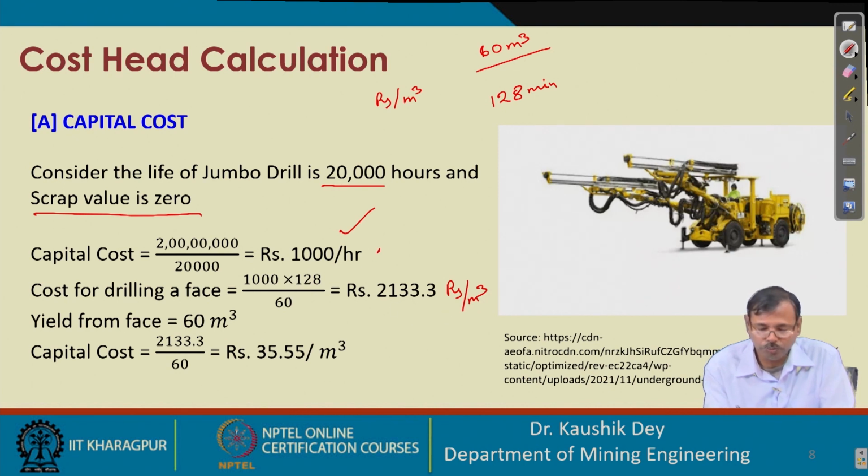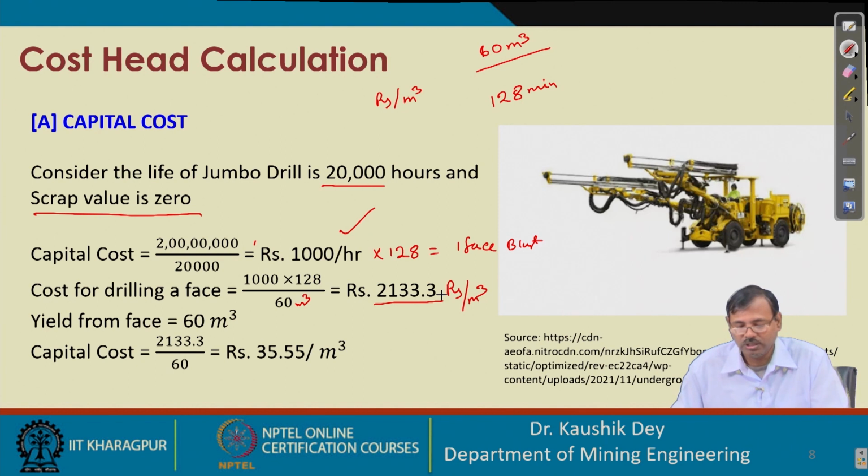So, this 1000 rupees into 128, that is the cost for one phase blast, and in this one phase blast we will get 60 meter cube. So, this is basically giving us 2133 rupees 33 paisa per meter cube.